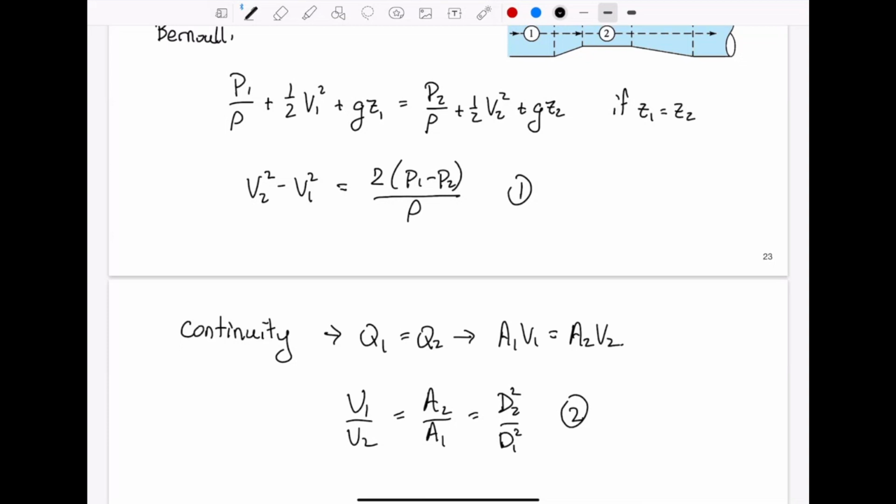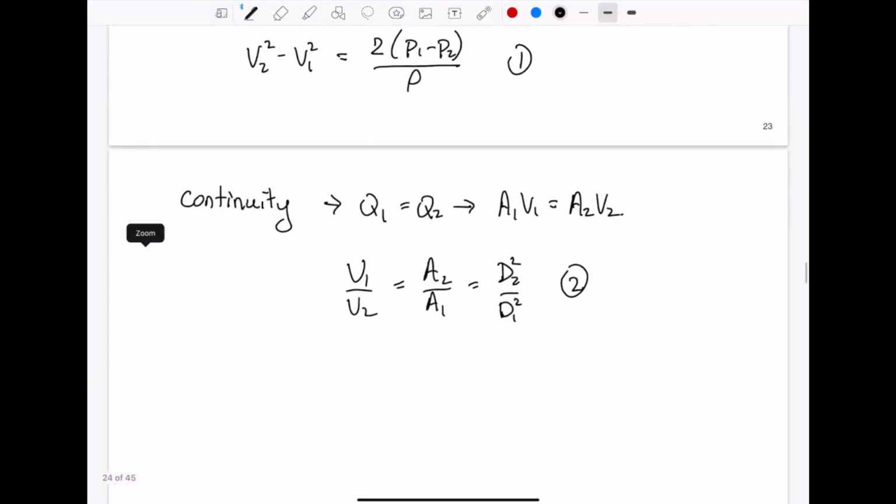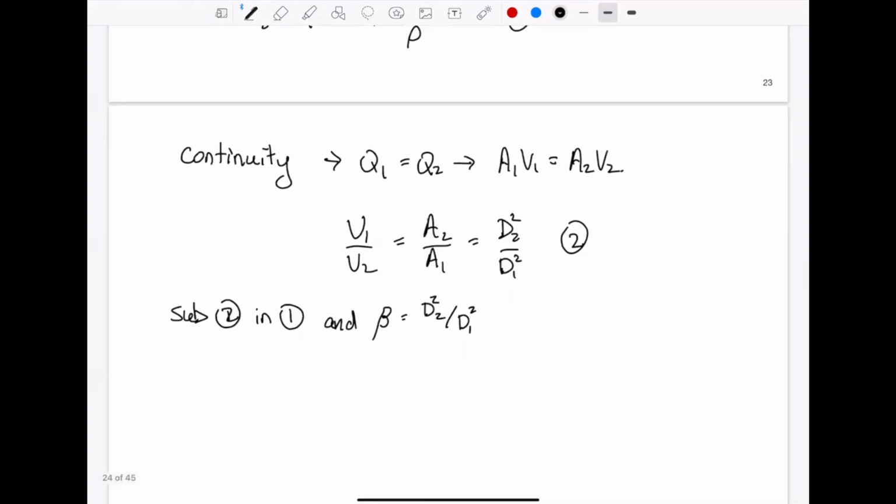So let's substitute our equation 1 and 2, and let's simplify. Let's just use a factor beta, and we'll say this is D2 squared over D1 squared, just so we don't have to write so much. So we substitute this into our equation 1.